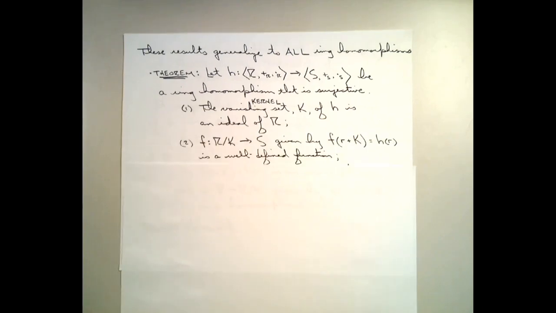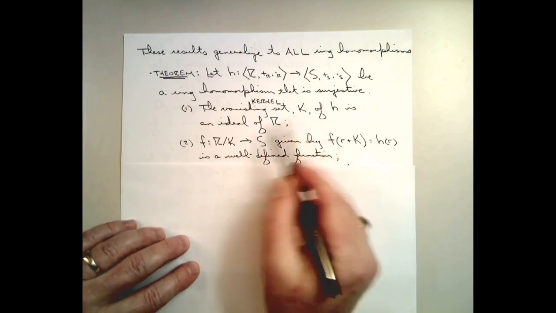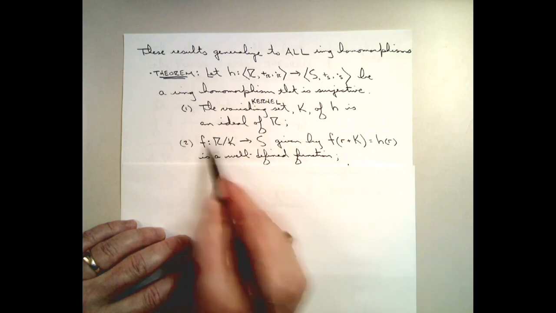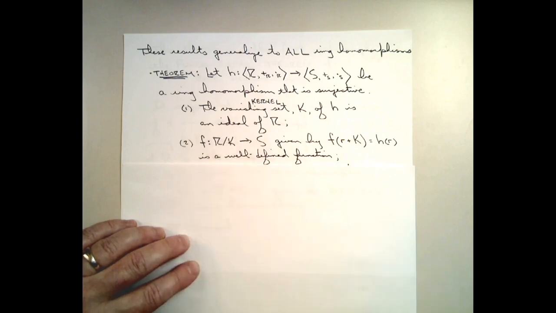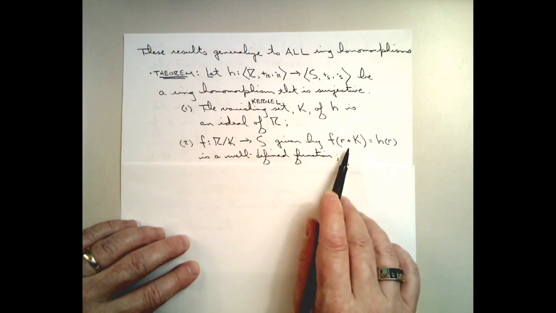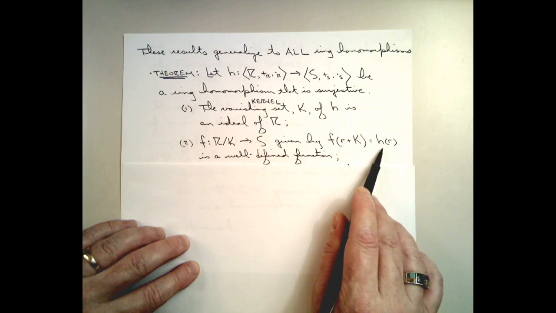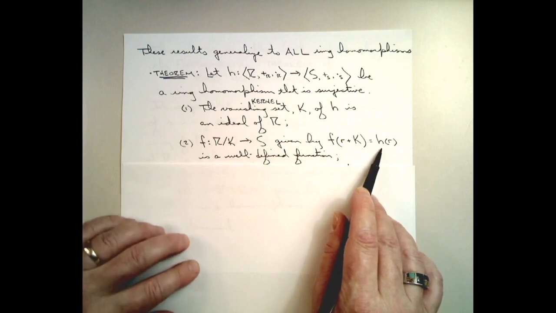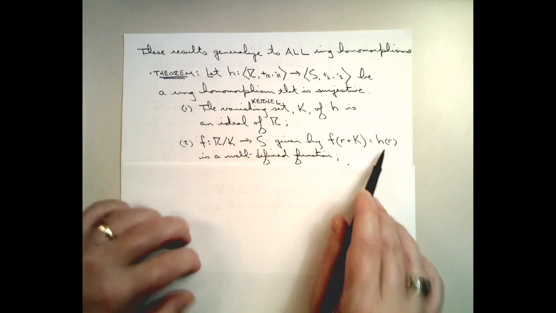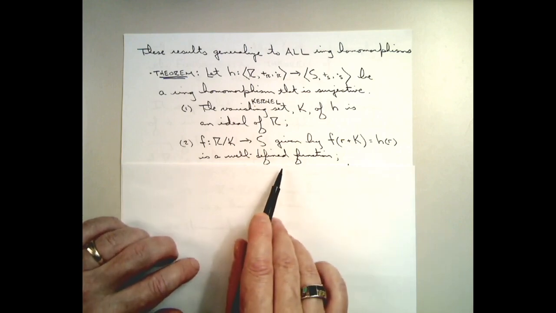Secondly, since K is an ideal of R, I can look at the quotient ring R mod K, and it turns out that the function that sends each coset R plus K to what the homomorphism sends R to turns out to be, first of all, a well-defined function. It's important to notice that first.